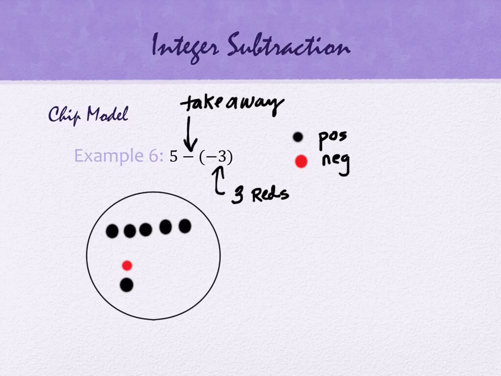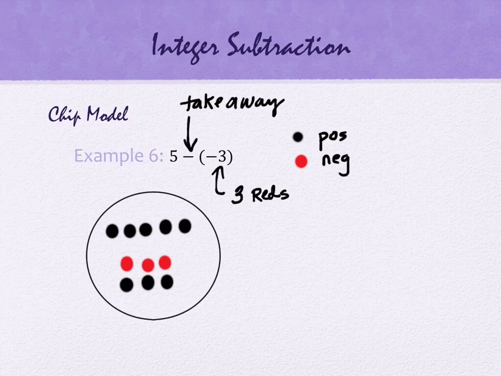So I don't want to just put 1 red in my circle. I want to put 3 reds in my circle. But what do I have to do to balance the 3 reds I put in my circle? I have to have the 3 blacks that go with them. So we get to insert them in there, but we have to insert them in what are called 0 pairs. Okay, so a 0 pair is a pair of 2 things that equals 0. A red and a black chip together equals 0.